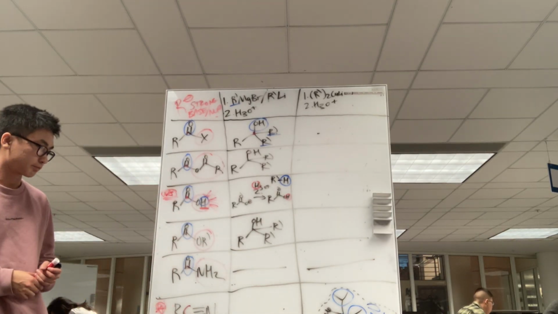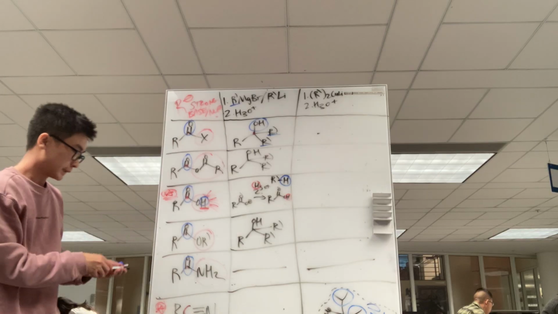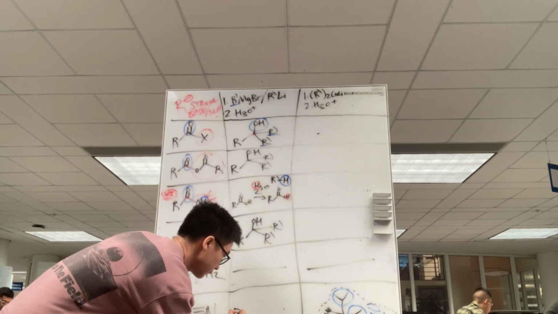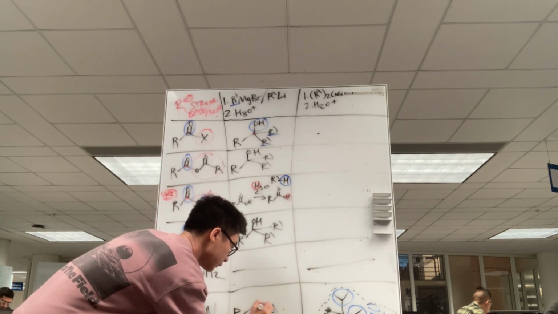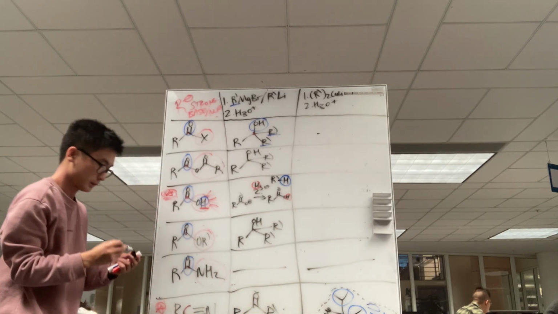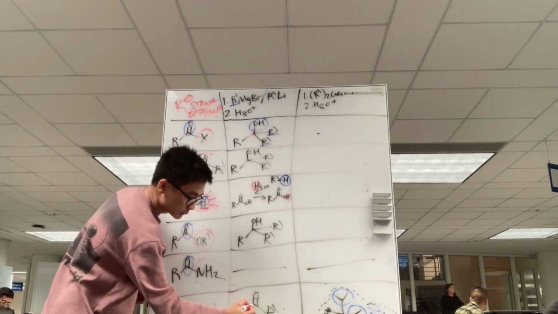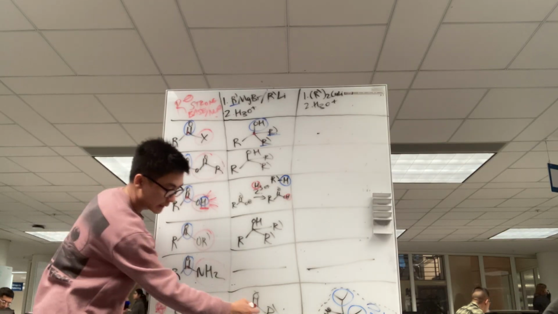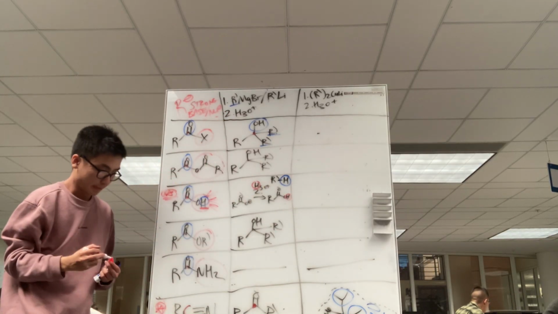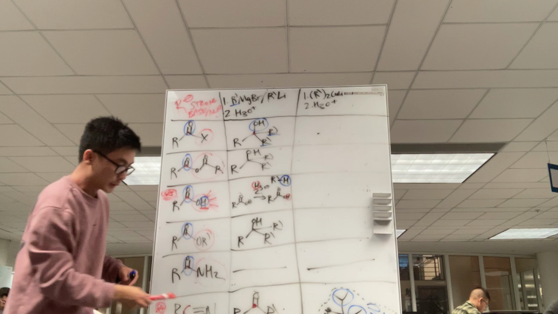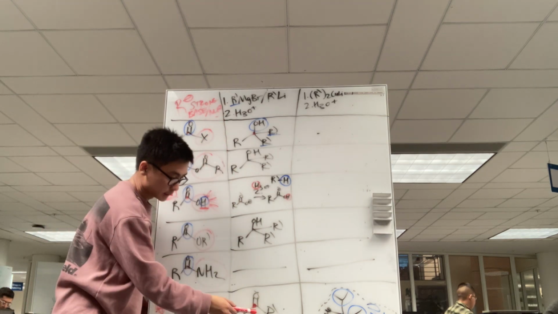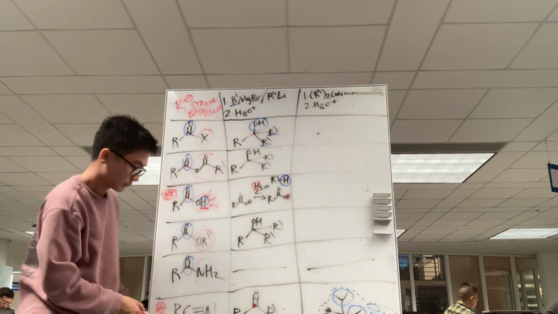So this is going to be the answer. Where this red carbon here, or the nitrile, is this red carbon right there. And we only added the R group one time. We don't bring in a second equivalent to attack the ketone to get the primary alcohol for the nitrile.